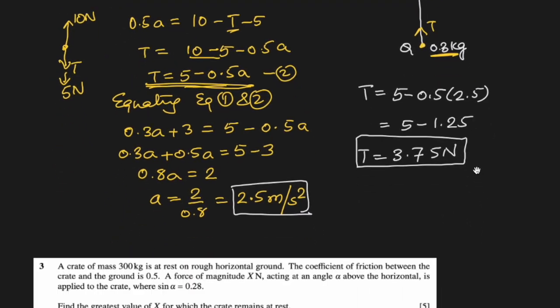Alrighty, question number 3. A crate of mass 300 kg is at rest, so u is 0, on a rough horizontal ground. The coefficient of friction between the crate and the ground is 0.5. So mu is 0.5.